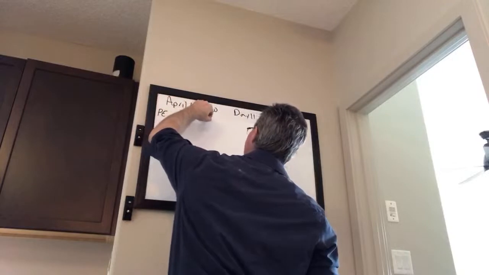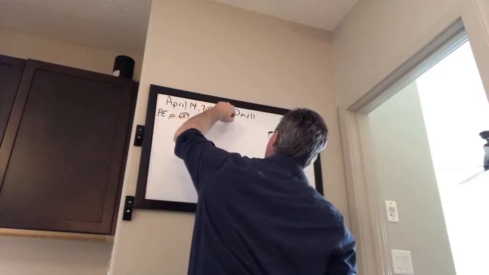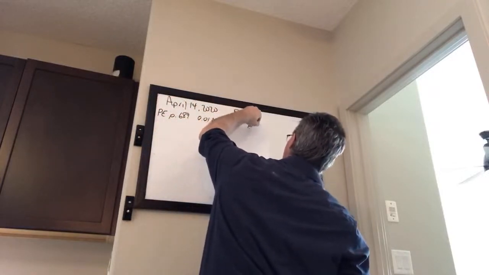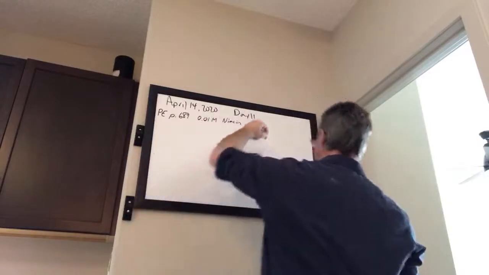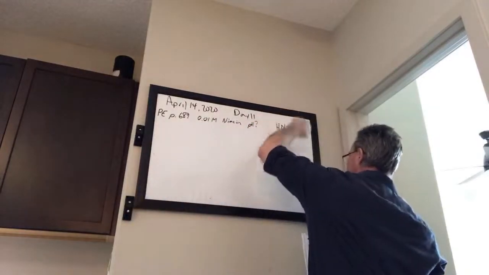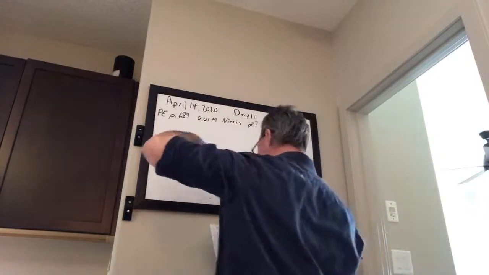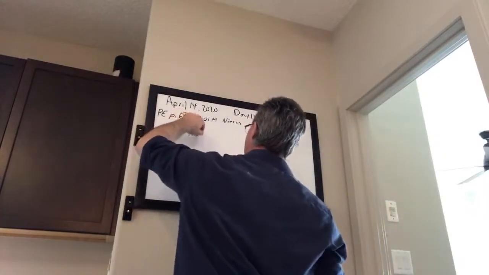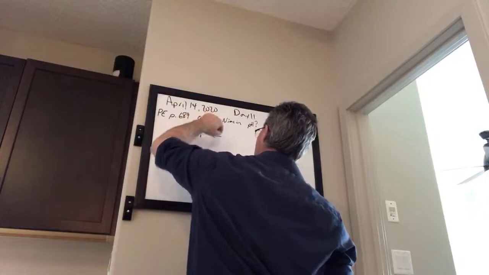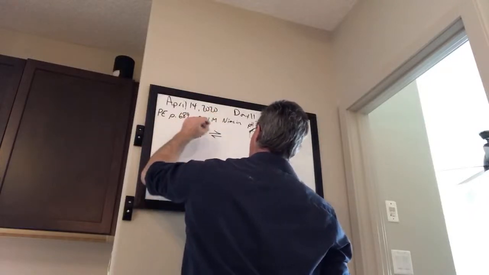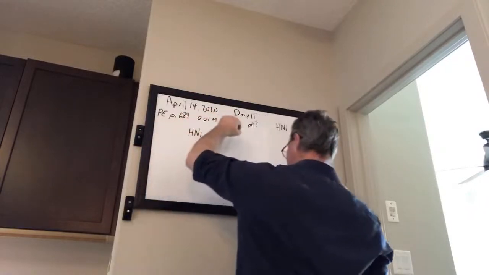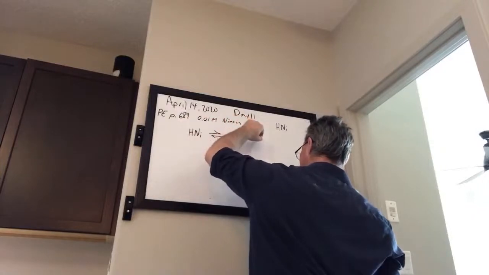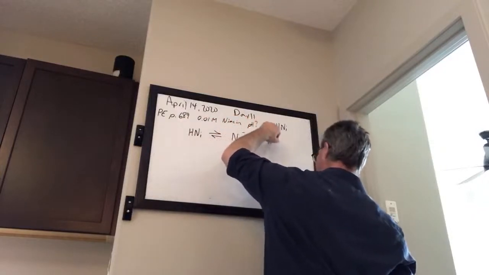So you have a 0.01 molar niacin, and they want to know what the pH is. So let's call niacin HNi, just to make it easier to write all the calculations out. So you got the undissociated niacin with the ionizable proton there, and then it dissociates into niacinate and a proton.